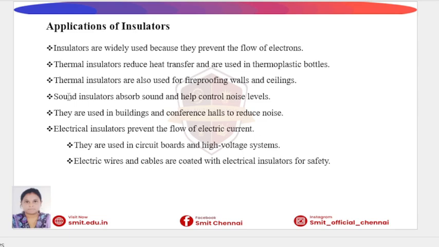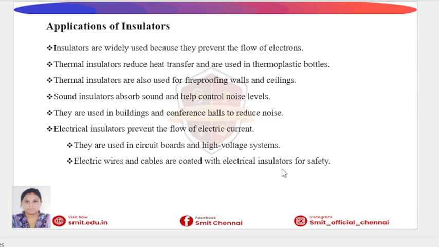And then sound insulators absorb sound and heat and help control noise levels. They are used in buildings and conference halls to reduce the noise. And electrical insulators prevent the flow of electric current. So they are used in circuit boards and high voltage systems. Electric wires and cables are coated with electrical insulators for safety.